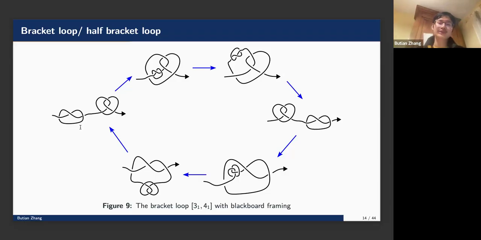That loop we call the half bracket loop. But it does not exist in general. It just exists for the connected sum of a knot with itself. So these are the explicit examples of loops or arcs in the space of long knots that I shall introduce in this talk.